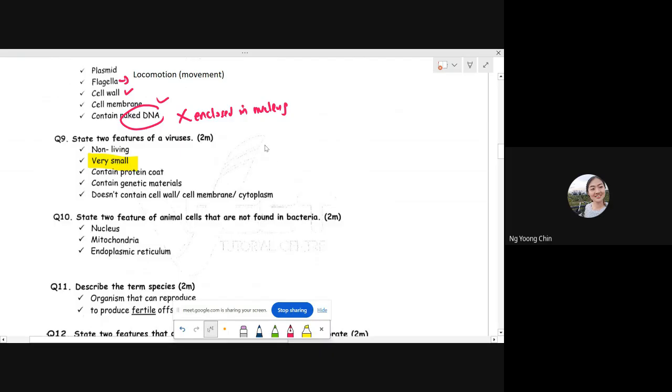So if you want to compare the size between the virus, prokaryote, and eukaryote, from the smallest to the largest organism, the smallest one is the virus, followed by the prokaryote cell, and then followed by the eukaryote cell. The eukaryote cell is the largest compared with the prokaryote cell and also the virus. The virus is the smallest one.